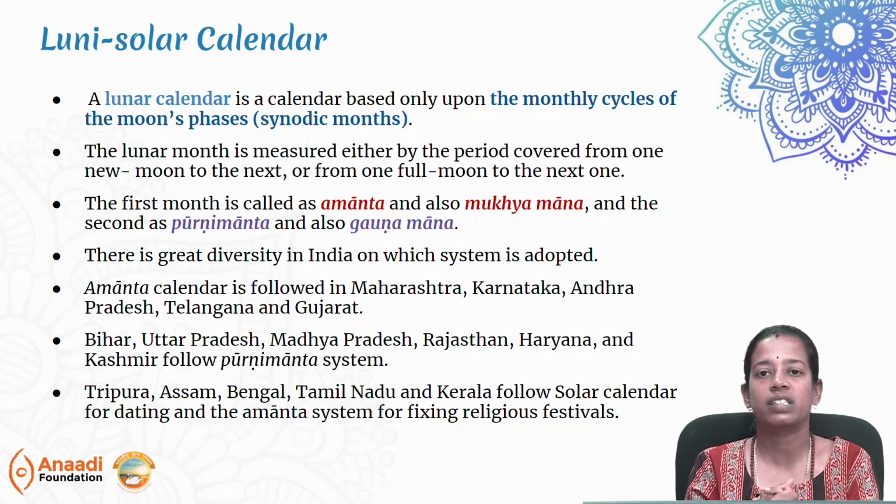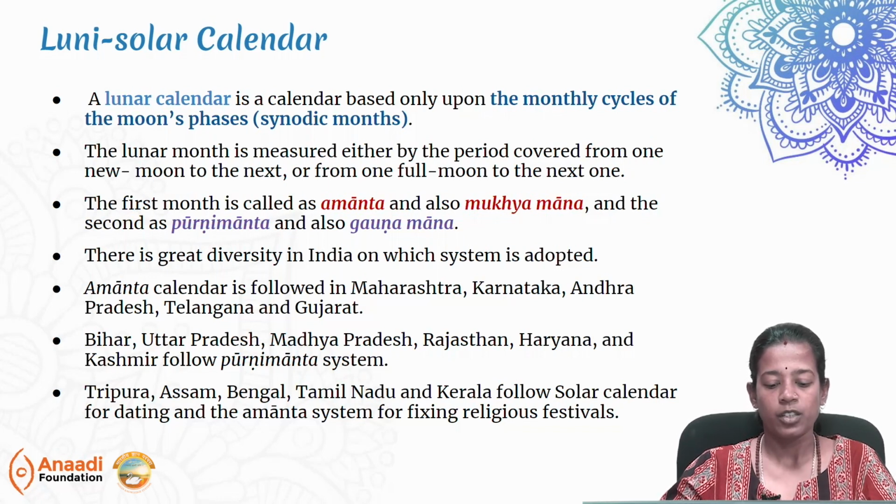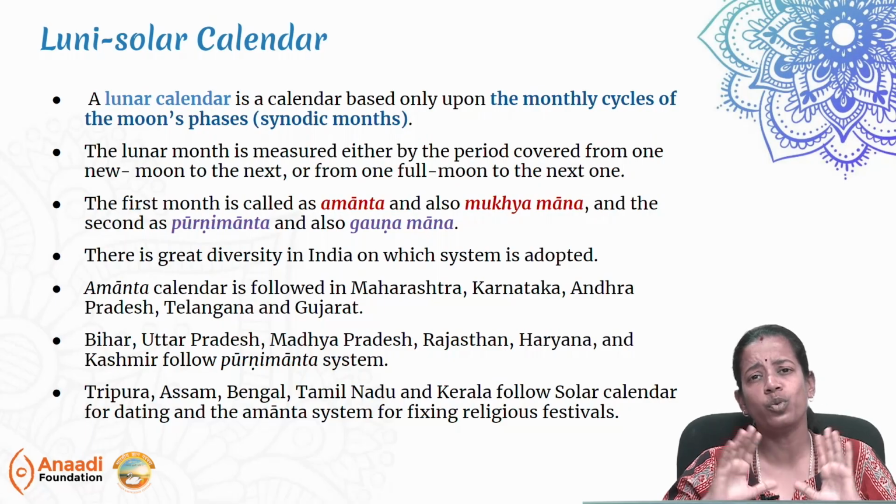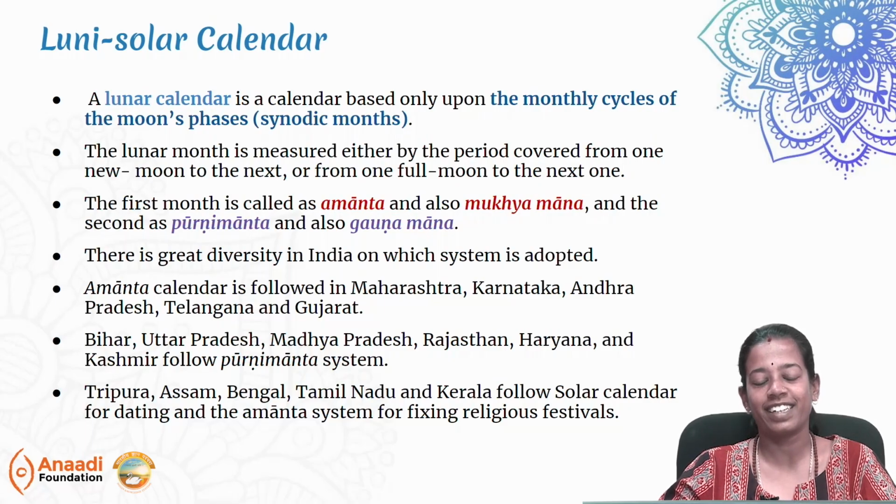All of this is taken into account in the lunisolar calendar system. So, you can see there is a huge diversity in the calendrical systems. In fact, it is said that there are 15 plus variations of panchangas that are active now and are also followed very rigorously.